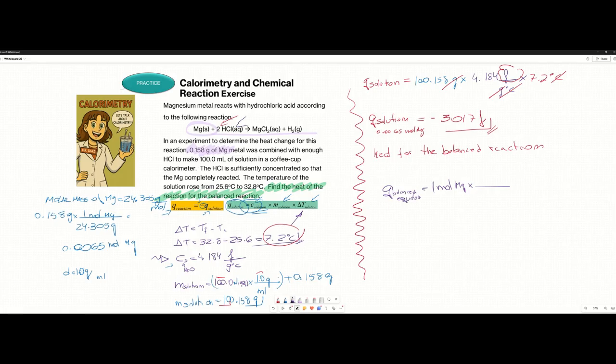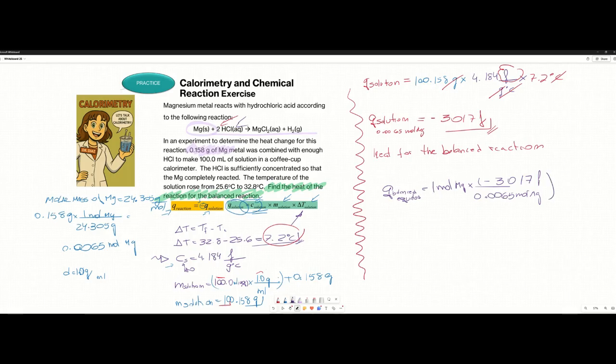And I know that 0.0065 moles of magnesium give me this heat over here.